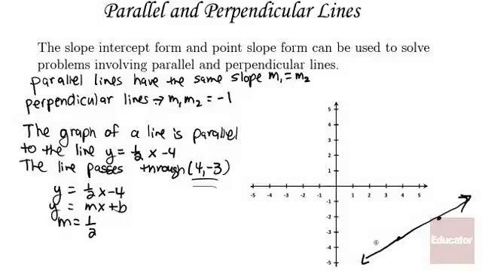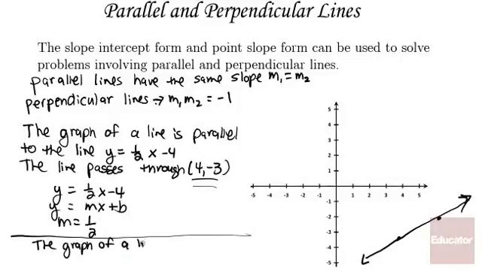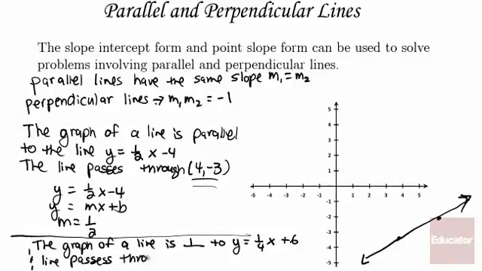The same holds true for perpendicular lines. For example, if I'm told that the graph of a line is perpendicular to the graph of the line defined by the equation y equals 1/4 x plus 6, and the line passes through some point, say 1, 2, I can graph this line.